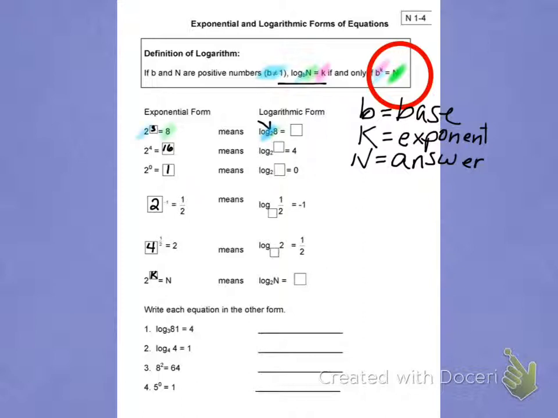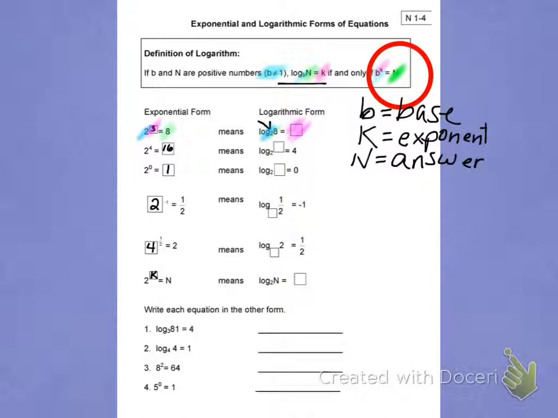It's kind of hard to highlight because it's a little small. And then the exponent was in pink. So we go over here and pick up some pink. So that exponent there goes here as the answer.